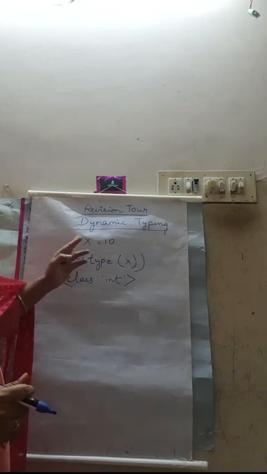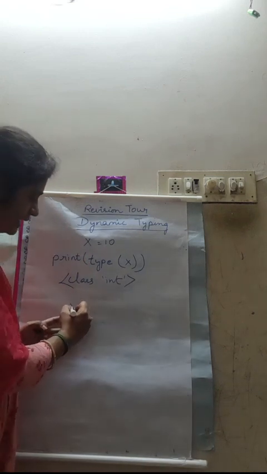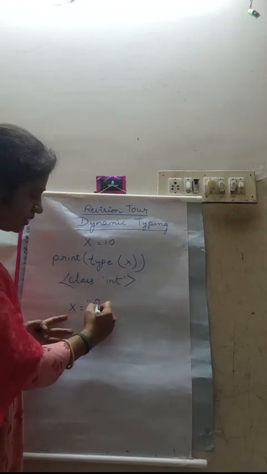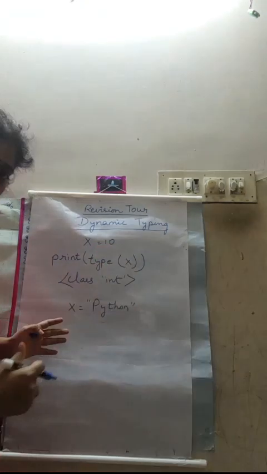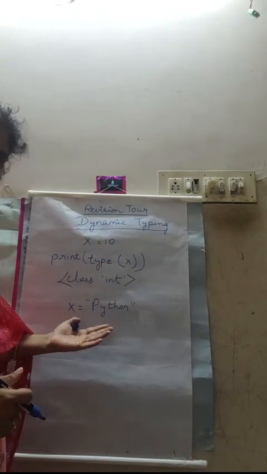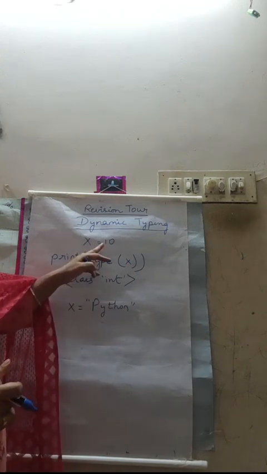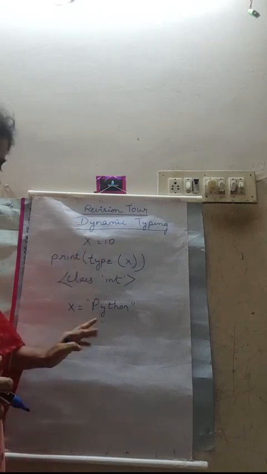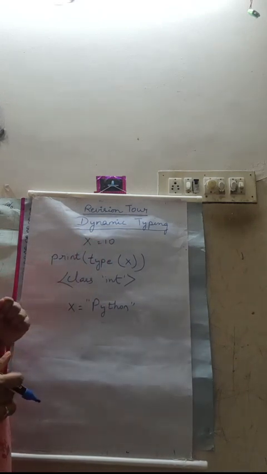So now I can change the value of x. I can write x is equal to Python. I can write like this also. In the same program, I can reassign the value of x as string also. Initially it was integer. Now I can assign the value Python also.